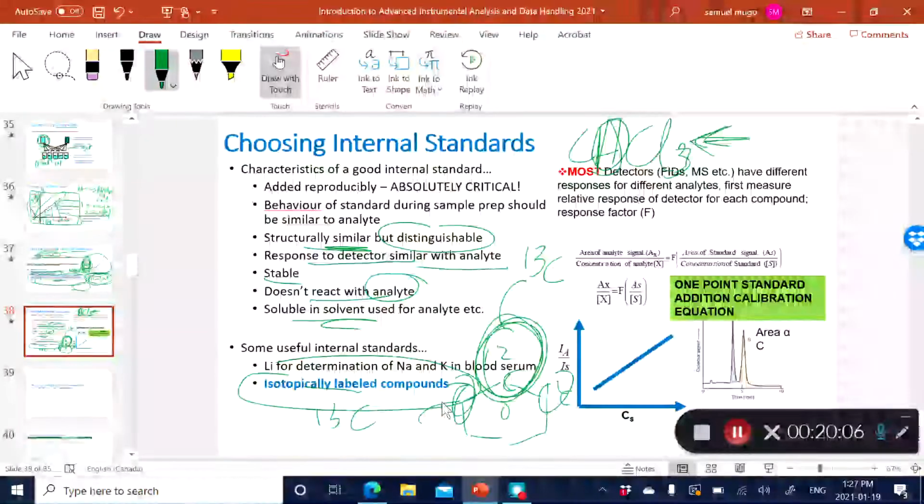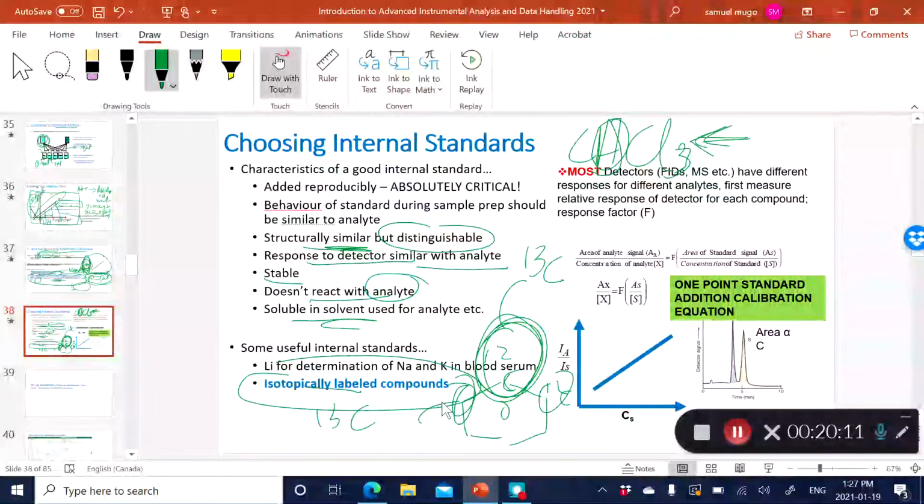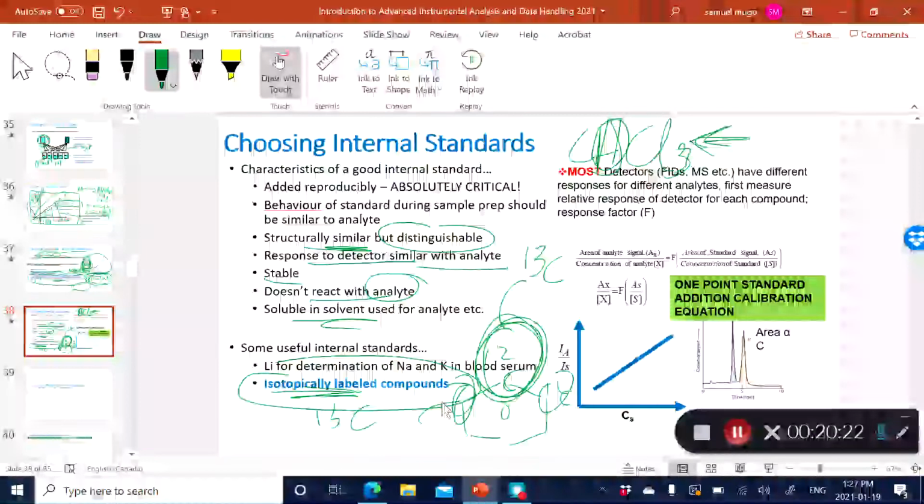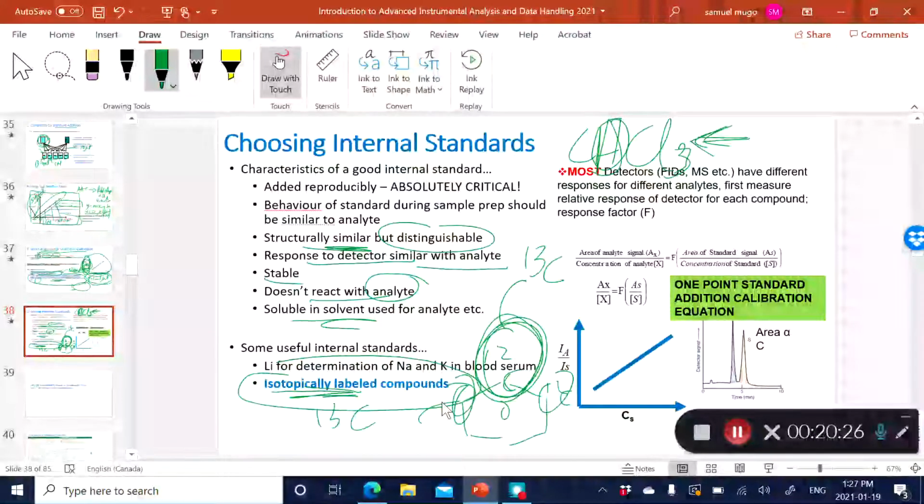Now, the problem is the isotopic enrichment process is fairly expensive. And so for most of the compounds out there, you wouldn't be able to get an isotopic label. It's very rare sometimes to get an isotopic label of any analyte that you're looking for.